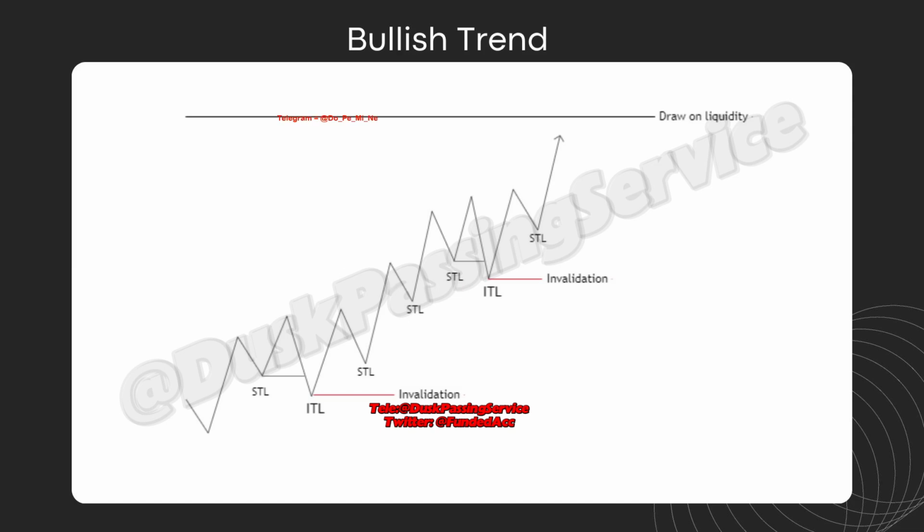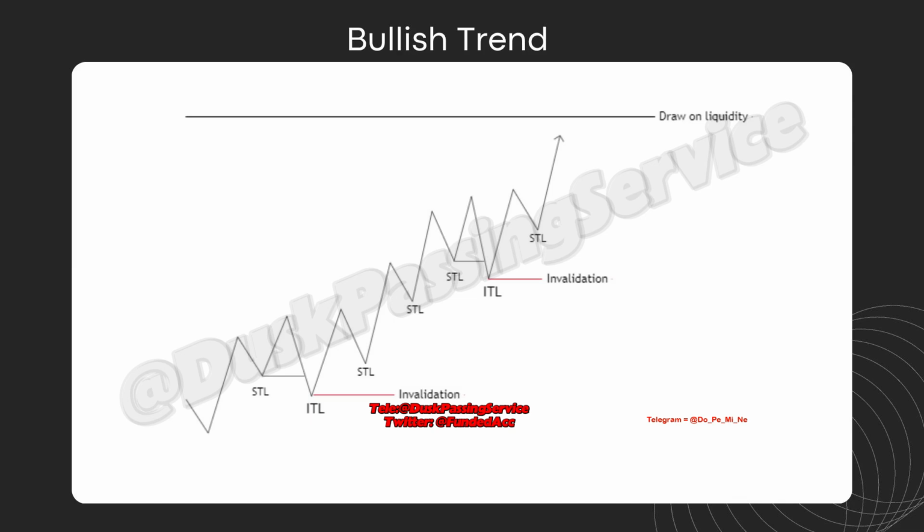It could be used for placing your stop loss, and it can even be used for invalidation areas, meaning areas where your idea or potential idea is invalidated, right? And you're going to ditch that idea if price goes below that low because now price is showing you weak signs, right? This is how we classify short-term highs and lows and intermediate-term highs and lows, right?